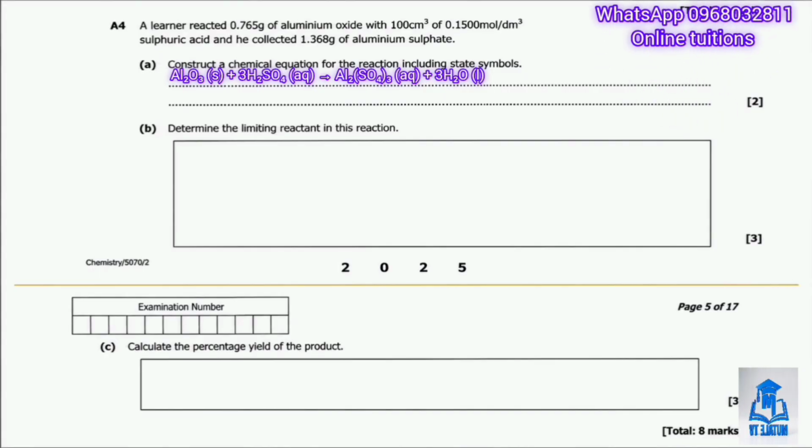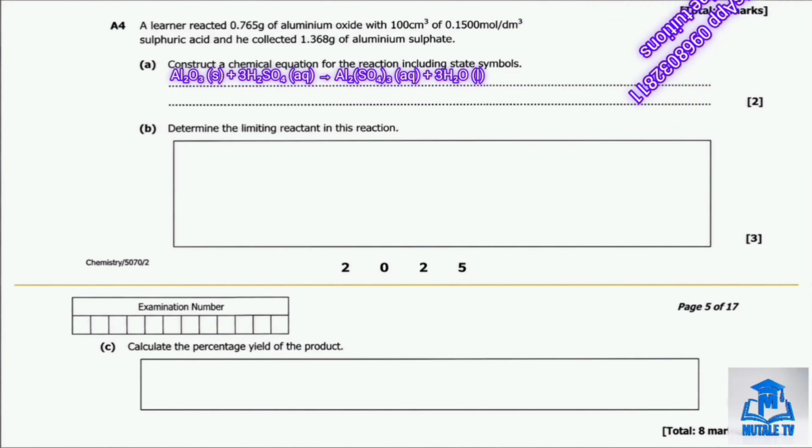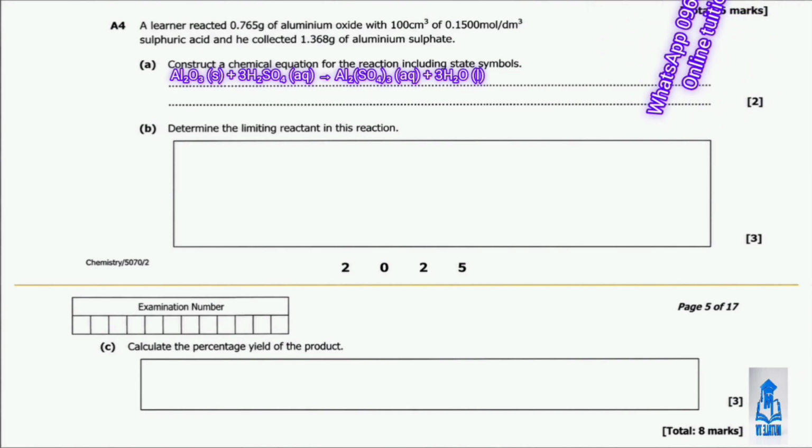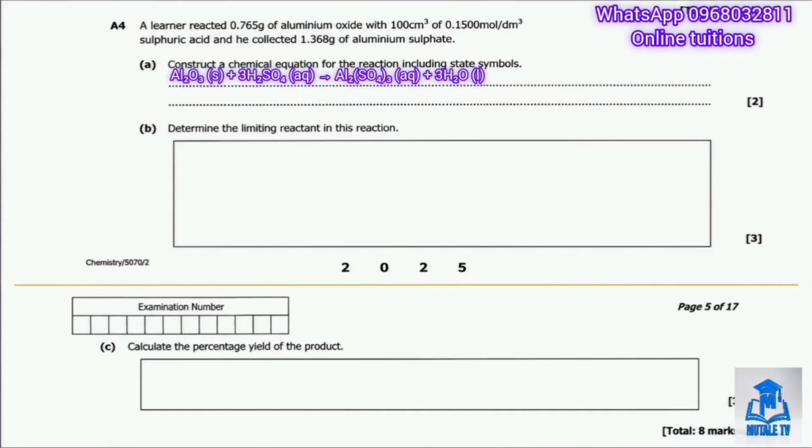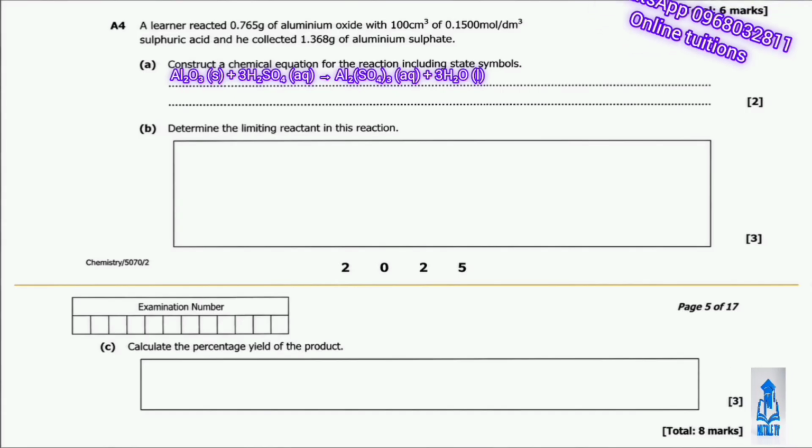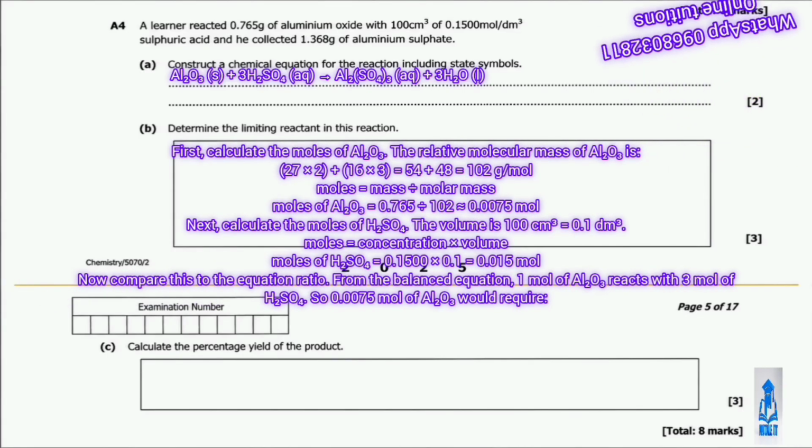Then moving on to question B. Question B asks us to determine the limiting reagent in this reaction. So here's how we approach this step by step. First, calculate the moles of aluminum oxide.